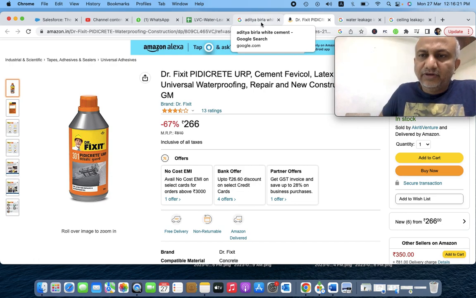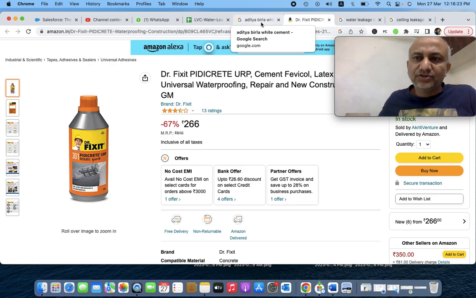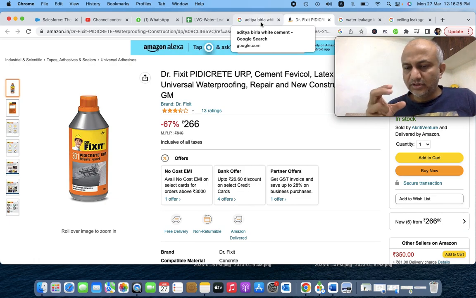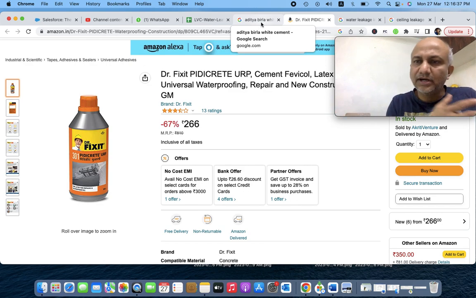Wherever you feel that there is a leakage, if the leakage or the crack is very wide or maybe deep, first, with the help of a screwdriver or a sharp object, try to get all the dirt out of it.